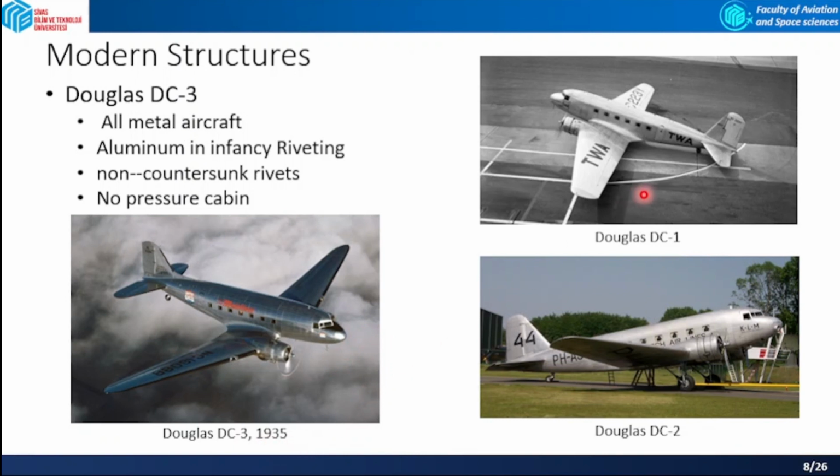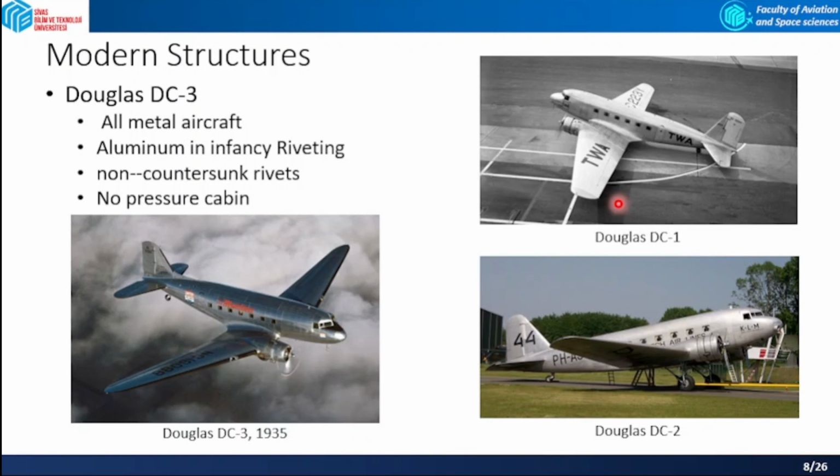Its earlier versions, the DC-1 and also the DC-2, were also made of metal, but they weren't as well known as this DC-3. These planes used aluminum alloy for their structure and outer covering, which was pretty new back then. And they were held together with rivets like those used in bridges and ships, you know.